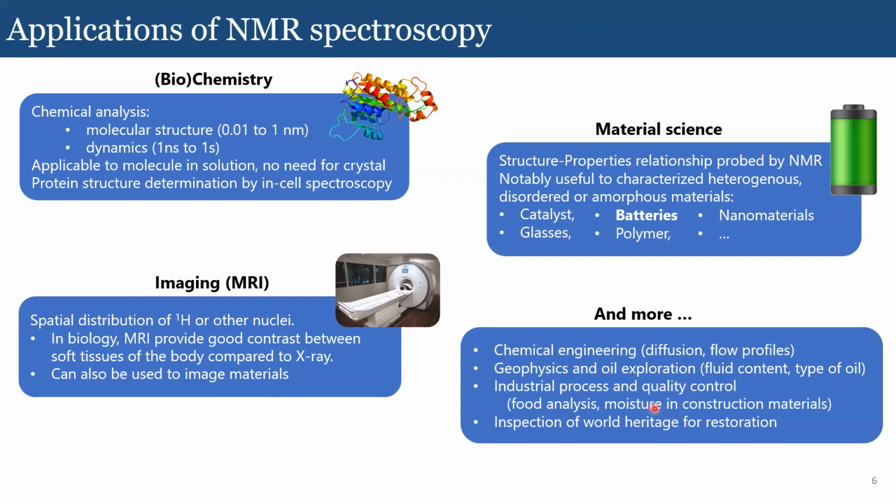I also find it interesting to mention that it has some exotic applications, like in World Heritage, when they want to restore a painting, they sometimes use NMR because it's a non-destructive technique, and that is always a good point when you want to look at heritage.